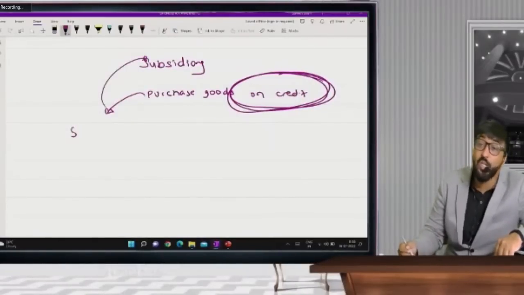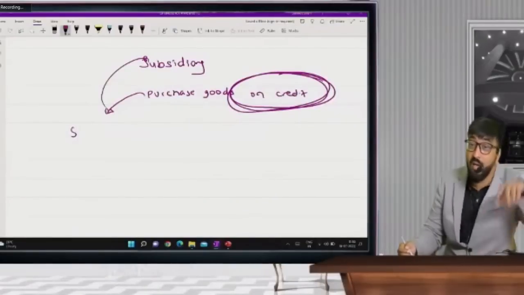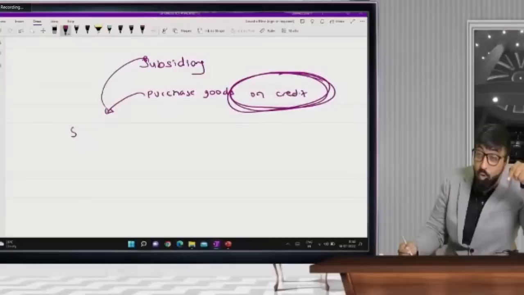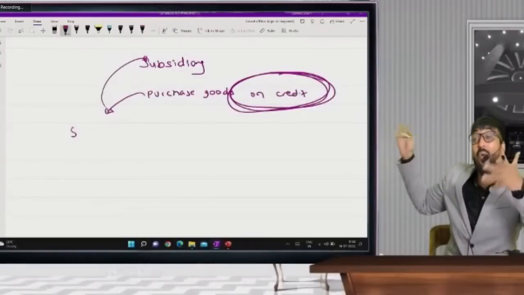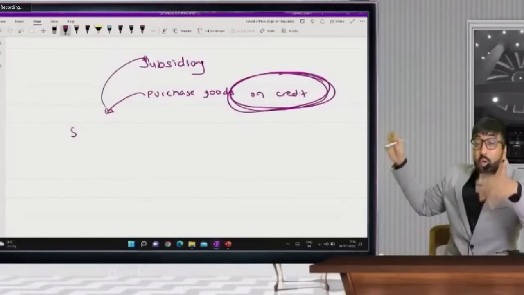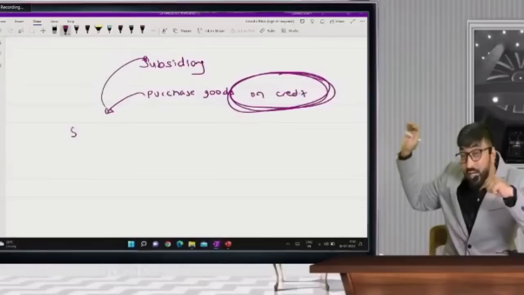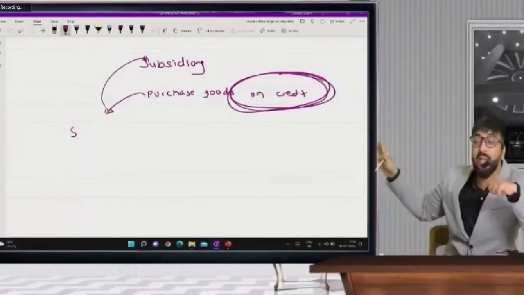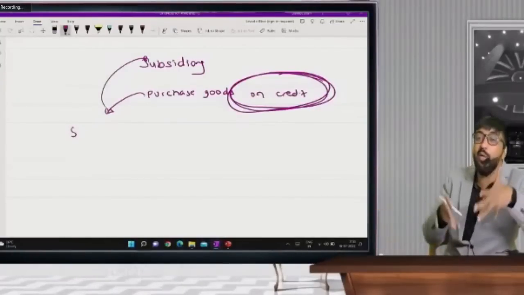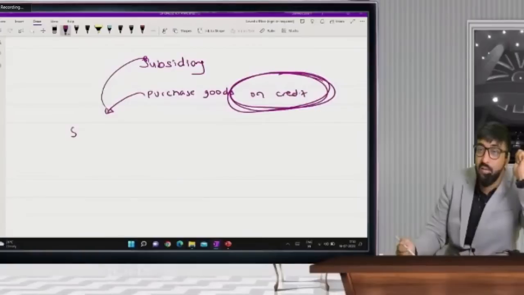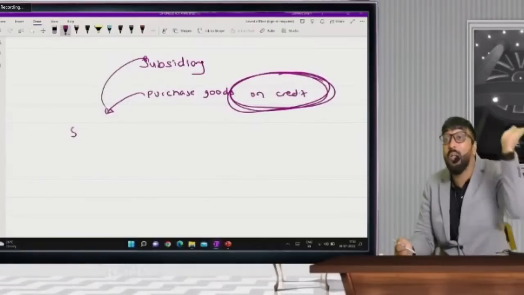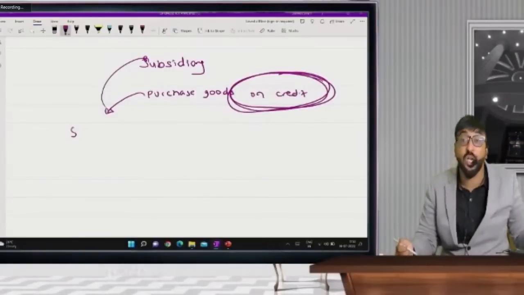Sir, how many shortcut books do we have? Sir, if I prepare this shortcut book, should I keep journal entries? No, you are not maintaining those journal entries. You don't want to maintain those entries every time. That's why you are preparing this book. So the purchase book is nothing but an alternative for journal entries.